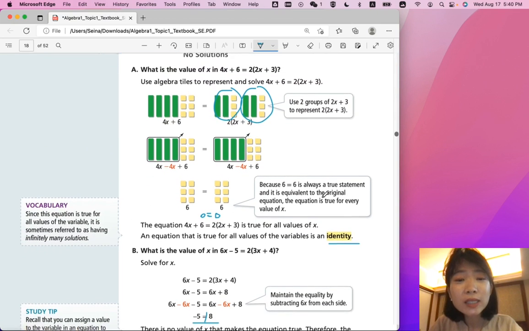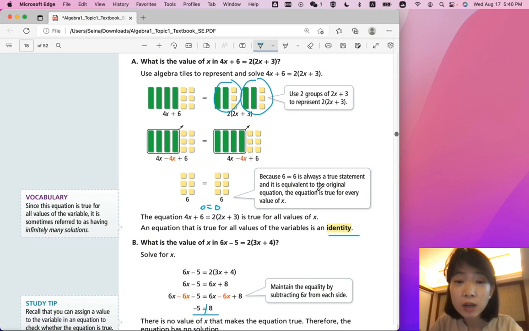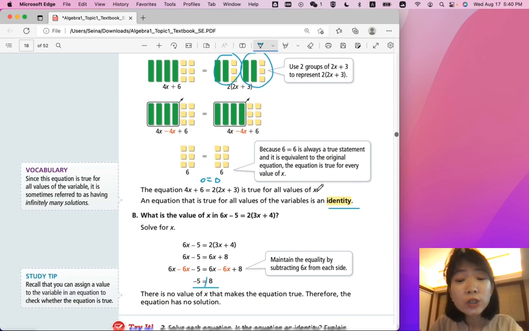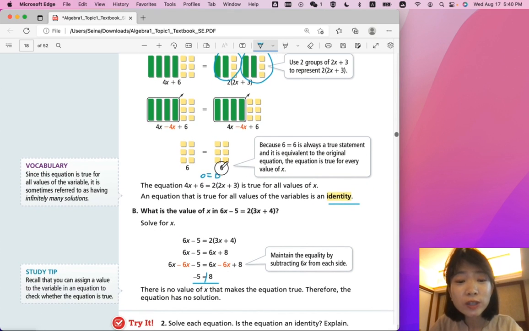So when you're solving for x and x has disappeared, there are two possible solutions to that. Make sure you look at what is remaining. If your equation makes sense, it is called an identity equation. And that means your x is true for all variables, all values.